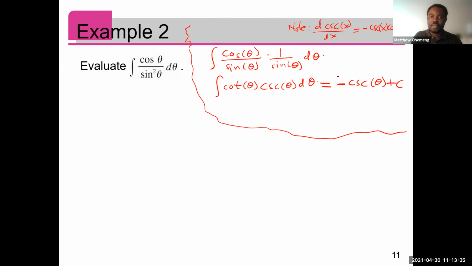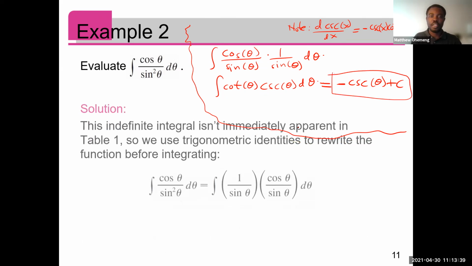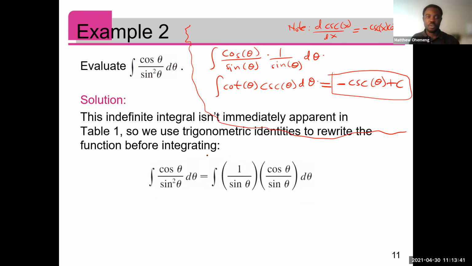So that's it. We are done. That's our answer. The answer is provided here, so it did exactly the same thing. The lesson here is sometimes if it's not direct, you have to simplify or manipulate the integrand before you can get the antiderivative. Okay, so then we get this.